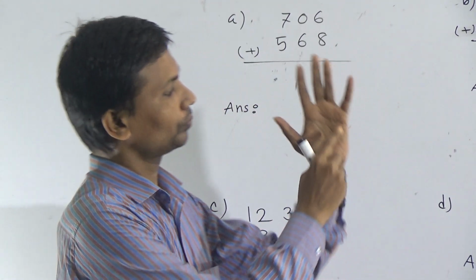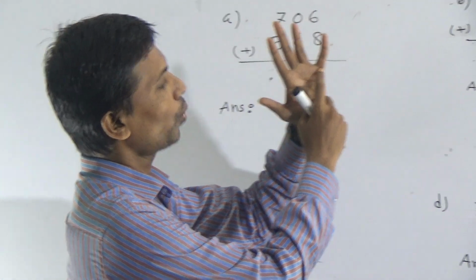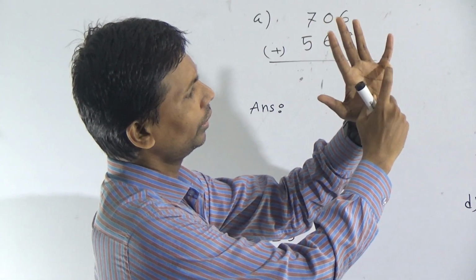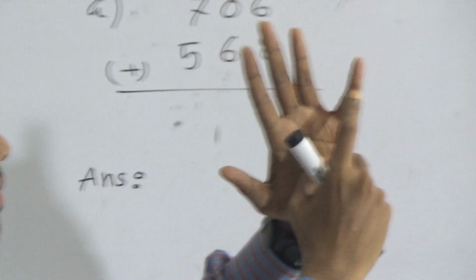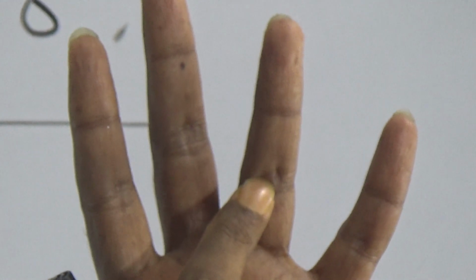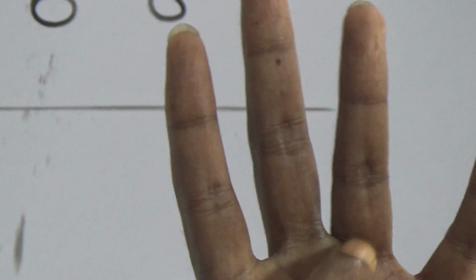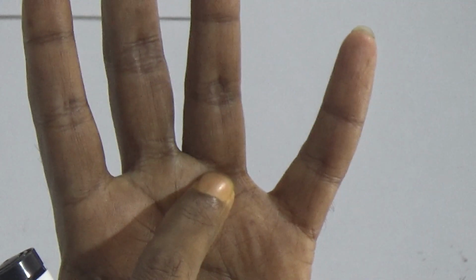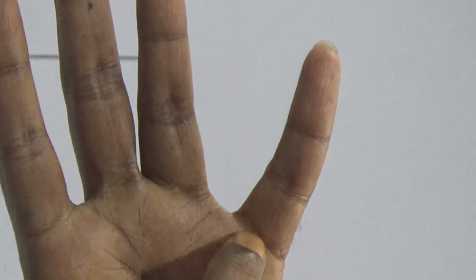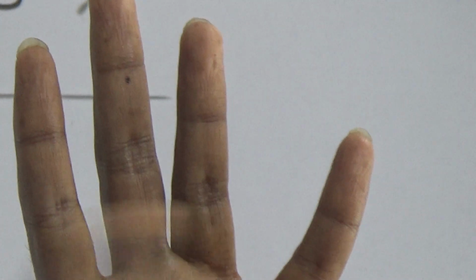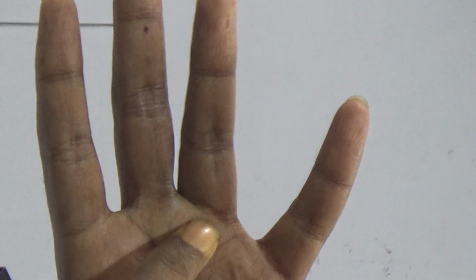Consider this is 1, this is 2, this is 3, this is 4, this is 5, this is 6, this is 7 and this is 8. Starting from here to here, this is 5. You see 1, 2, 3, 4, 5.